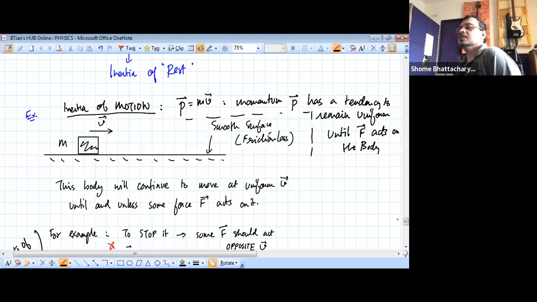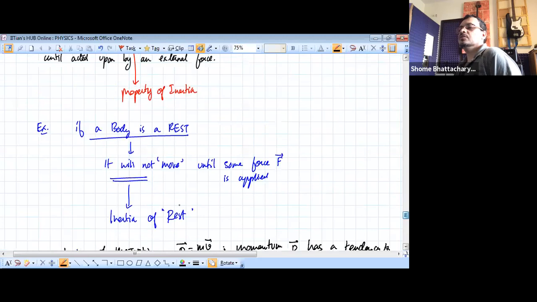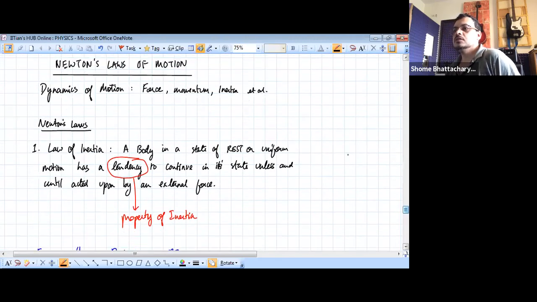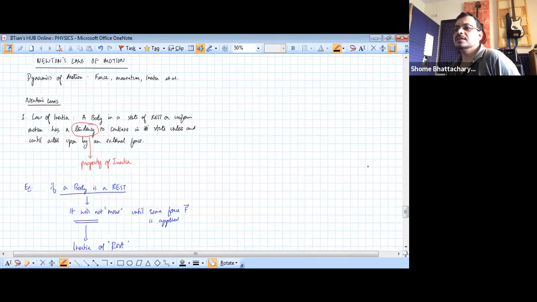Whereas the above example was the inertia of rest. A body which is already at rest will have a tendency to remain at rest until and unless an external force acts. So just start by taking down the key points over here, but more importantly, understanding them, because these are very common examples. You'll find them in all references.